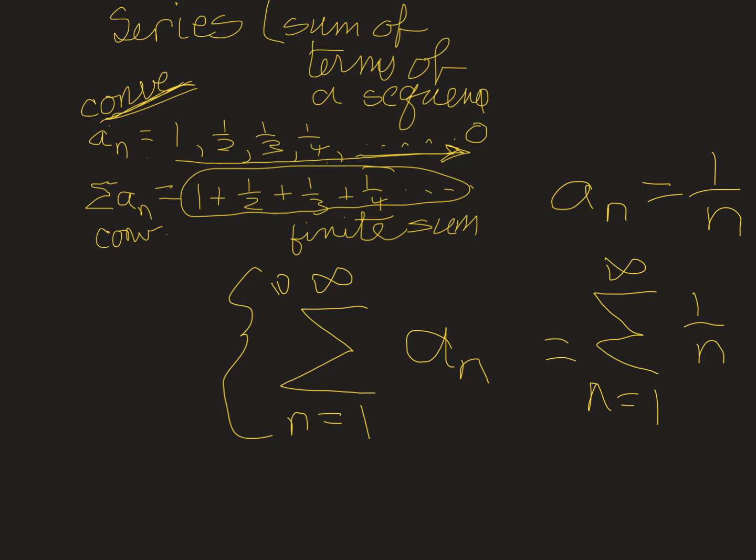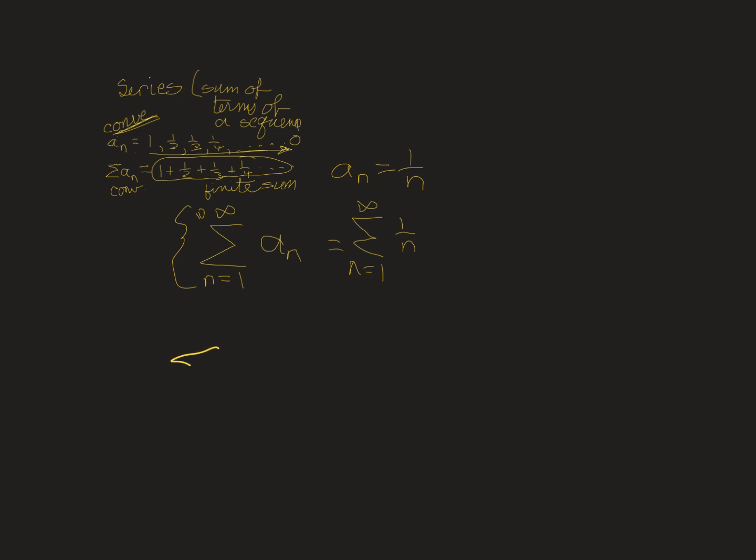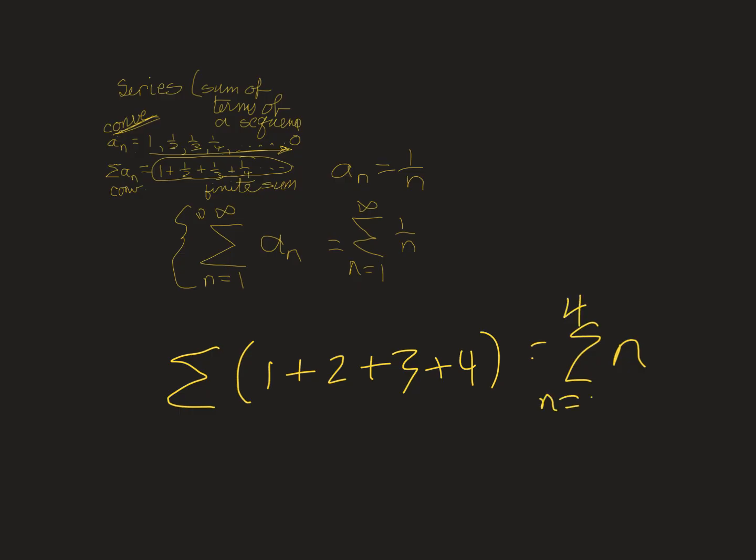The next thing they actually talk about is partial sums. So it turns out if you have a finite series, say we have the sum of this particular series, it's really like the sum of the n's from n equals 1 to 4.